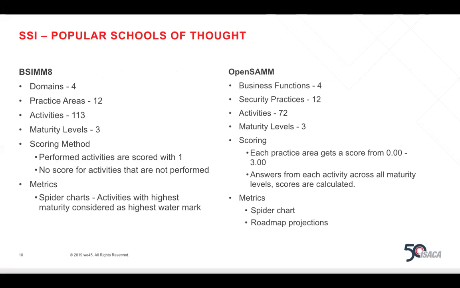The slide has not been updated, but this is something we recently showcased at the ISACA presentation as well, where you see these two schools of thought that help you define what an SSI really is. You have four domains, similar in both OpenSAMM, which is an OWASP project for those who are interested, and BSIMM, which came about with Digital and Synopsys as well.